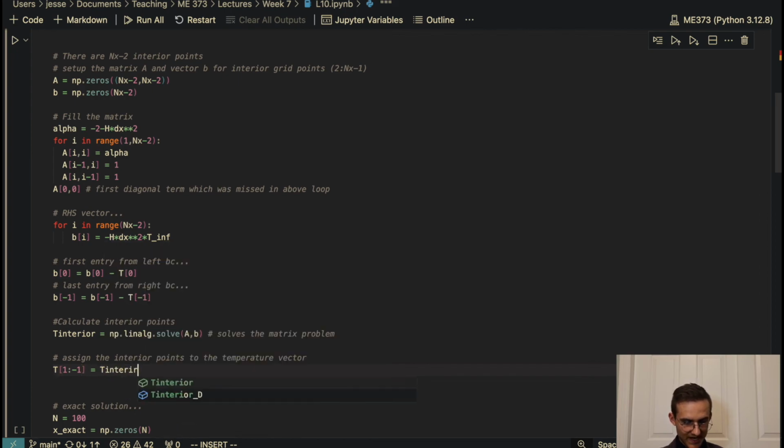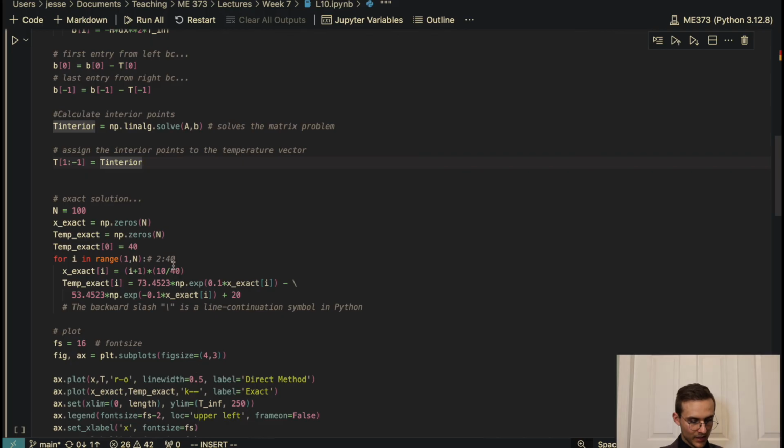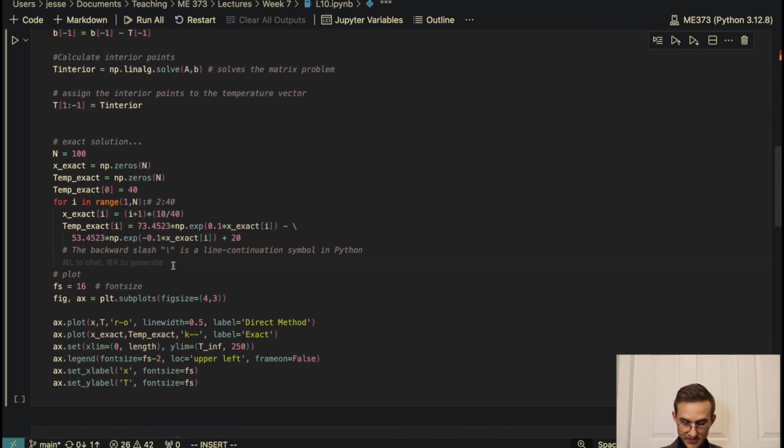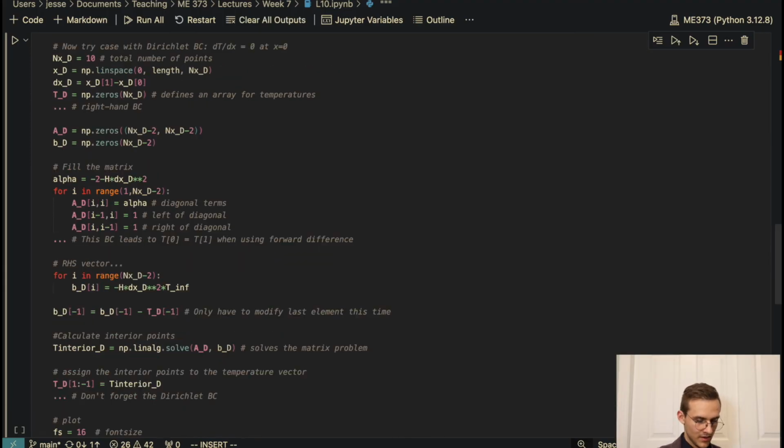So we're assigning the interior points to our overall solution vector. Okay, and let's see, I don't think there's anything else to fill in here, so we just go ahead. This is just an exact solution that you guys know how to find.